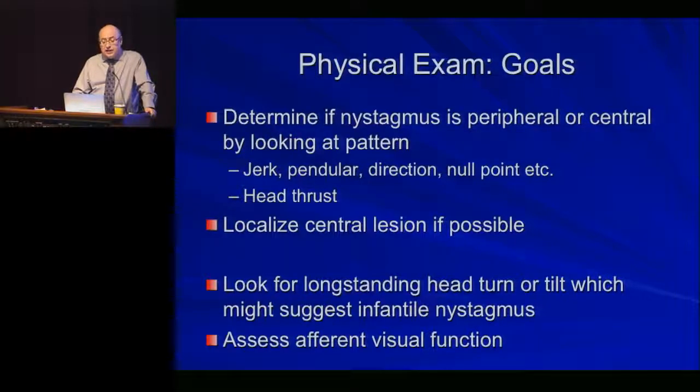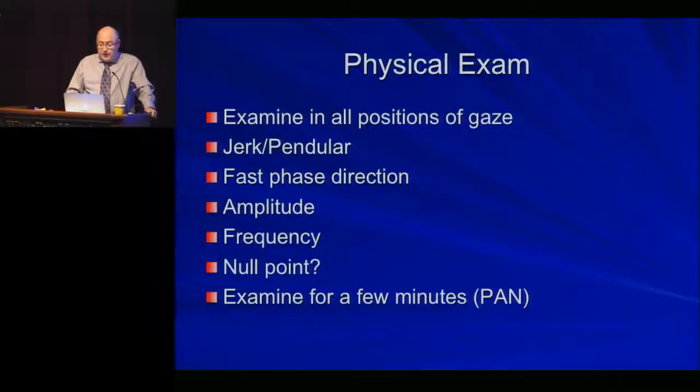You want to do a head thrust test if it's a peripheral vestibular to see whether they've got a normal or abnormal vestibuloocular reflex, which we'll talk about when we talk about supranuclear, because that can help distinguish a central stroke from peripheral vestibular abnormality. If you decide it's central, you want to be able to localize the lesion. You want to look for long-standing head turns or tilts, which might suggest an infantile nystagmus, and of course you want to assess afferent visual function.